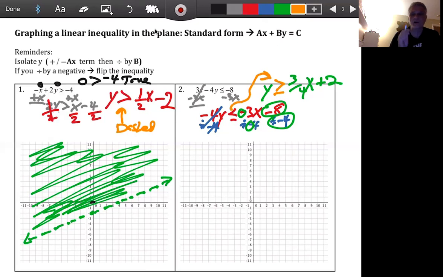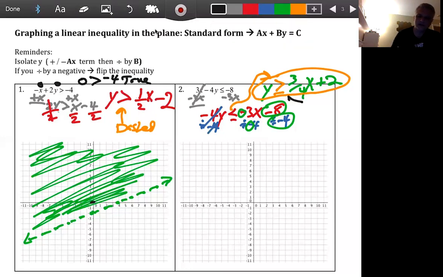We divide or multiply by a negative, we swap sides of the inequality. It used to be less than or equal to, now it's greater than or equal to. Okay, so now we can go ahead and graph our boundary line. Is our boundary line solid or dashed? Well, that little or equal to tells me it's a solid line.